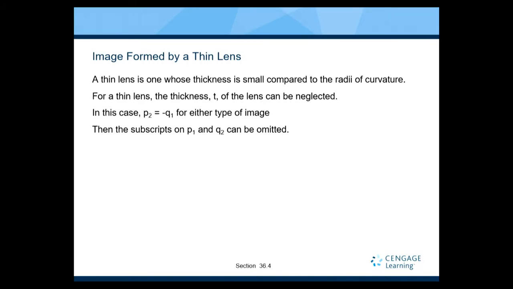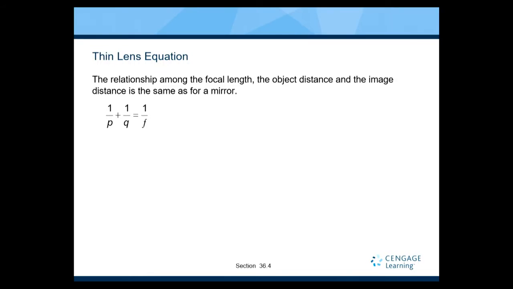We'll end up being able to omit those lenses. And this gives us the thin lens equation. So we can get rid of those radiuses of curvature. We get rid of all of that stuff when I have a small enough thickness of the lens that I don't have to mess with it. And that gives us what we call the thin lens equation.